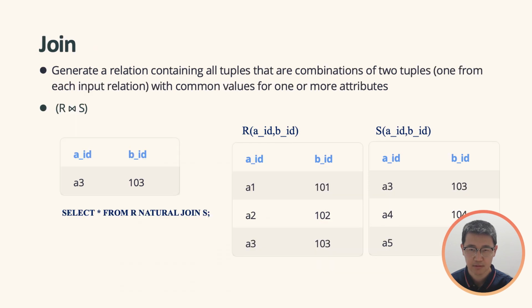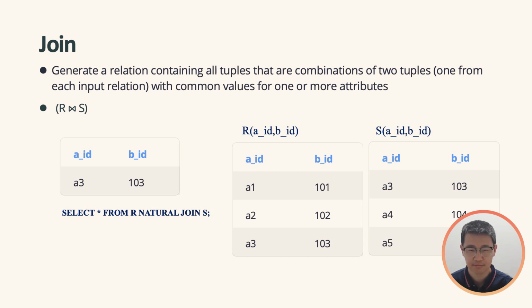And finally, there is a join operation. When we talk about joins, what we are referring to is typically the natural join. A natural join creates a relationship of tuples from each combination of the input relations that share common attribute values.